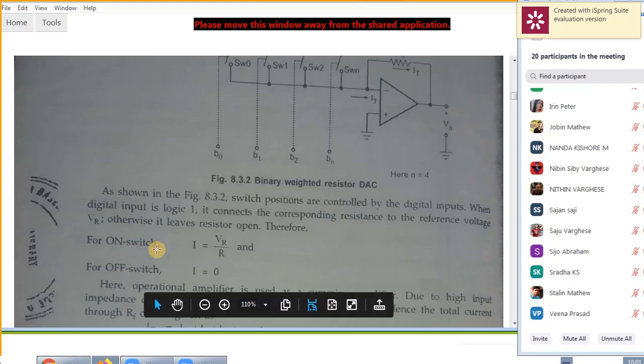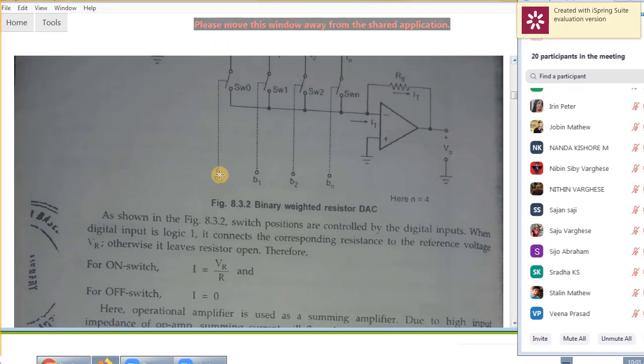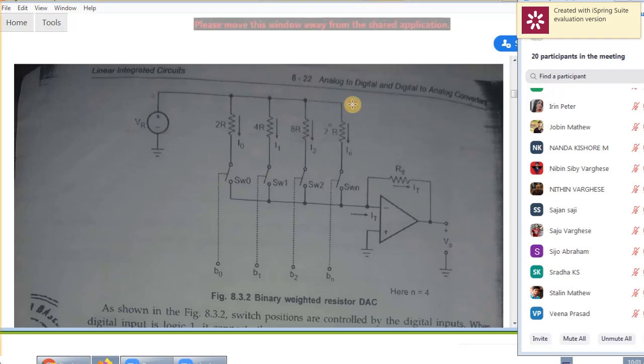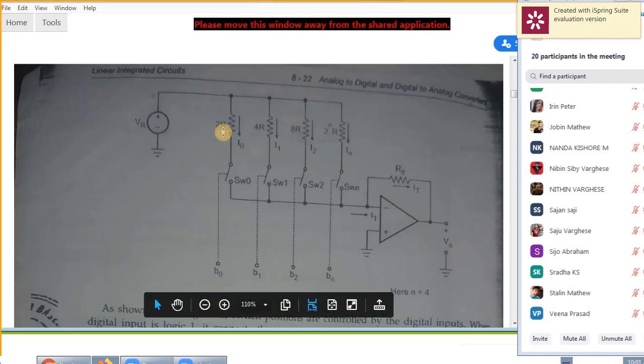The switch is on. If the binary value is 0, the switch is open. Now these resistors are connected together to a voltage source, that is VR. So if it is 1, the switch is on.